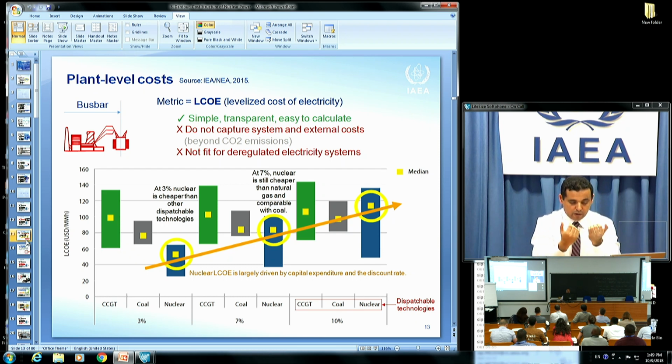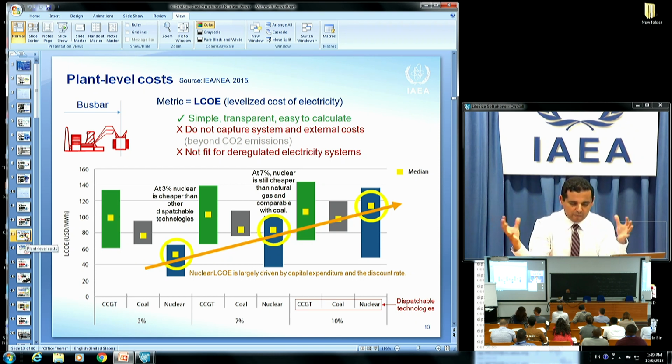And as all of you know, there's a saying which says time is money. So the value of money depends on time. And $1 today is not worth $1 earned in 10 years or 20 years.